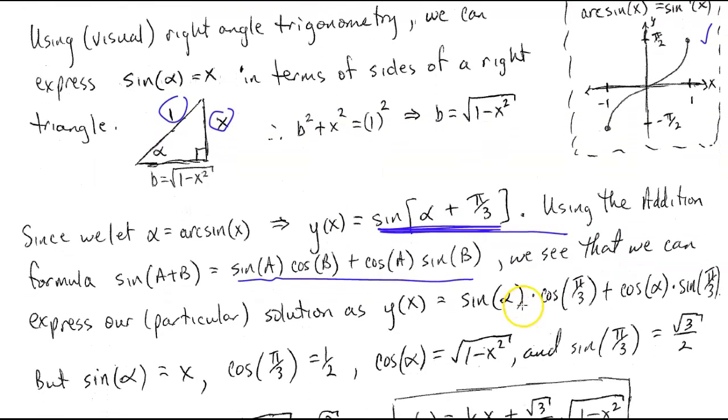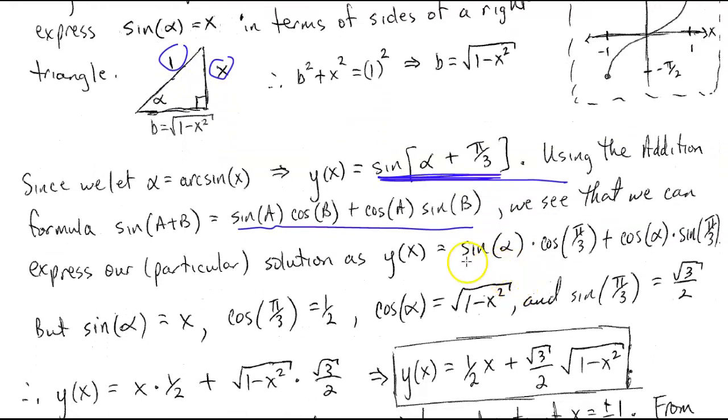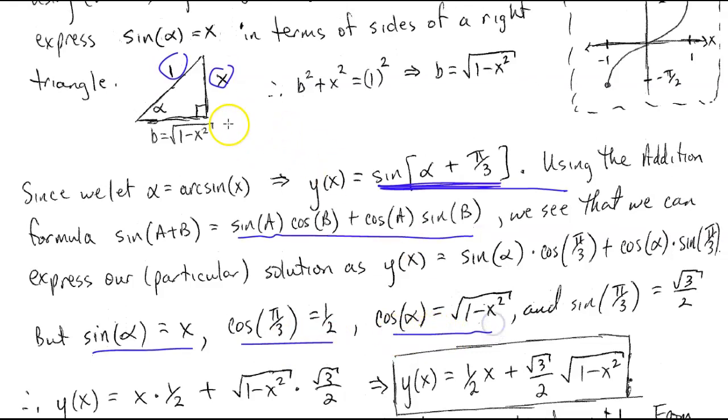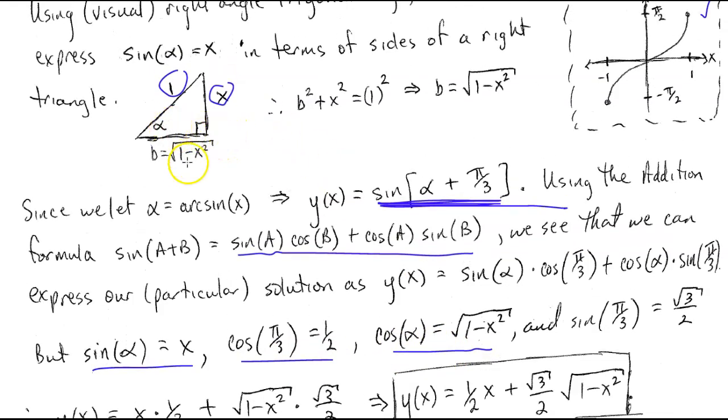And so when I rewrite it, of course, I have sine alpha cosine of π/3 plus cosine alpha sine of π/3. Now we remember that sine of alpha is x, cosine of π/3 is 1/2. Cosine of alpha, which is adjacent over hypotenuse, is going to be the square root of 1 minus x squared.